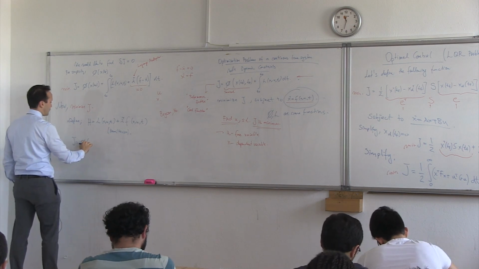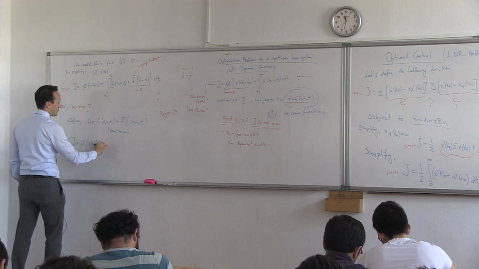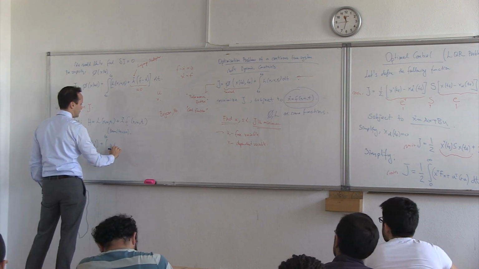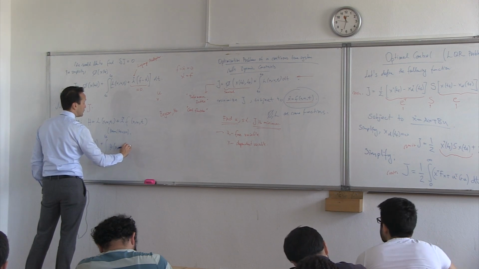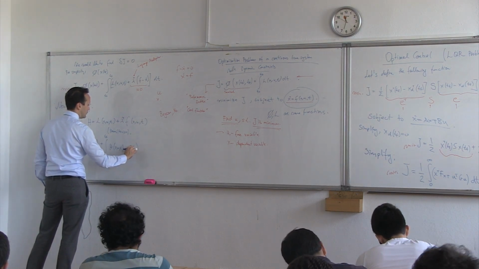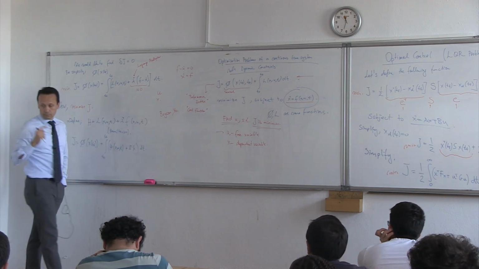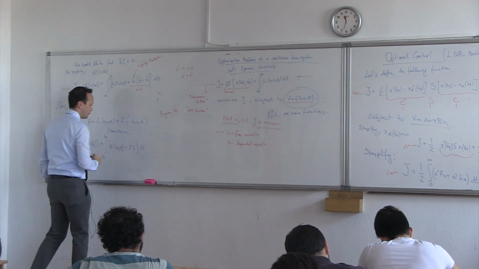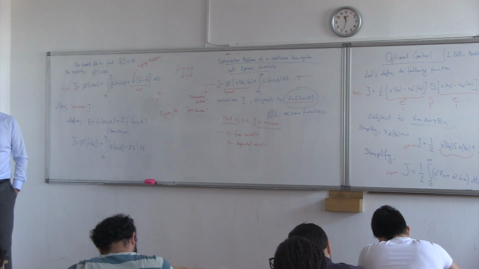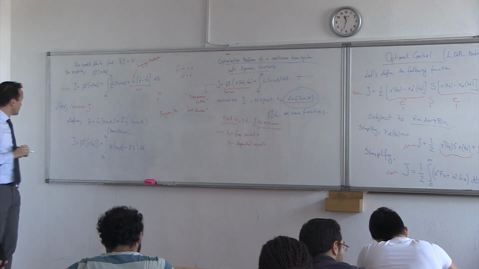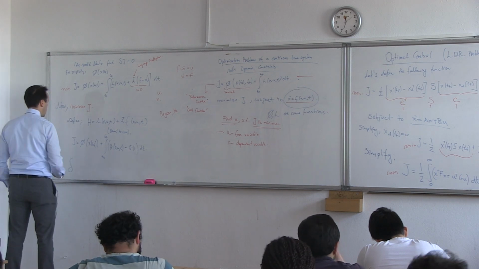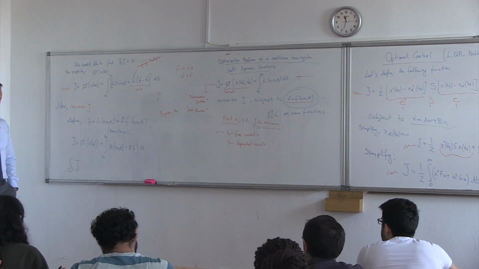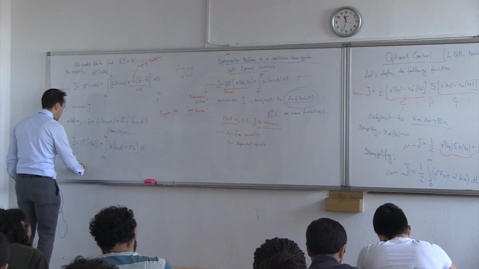J, so it's a minus, sorry. And we are now looking at the changes in J. Basically, we are looking at variations in J and trying to set it equal to 0.